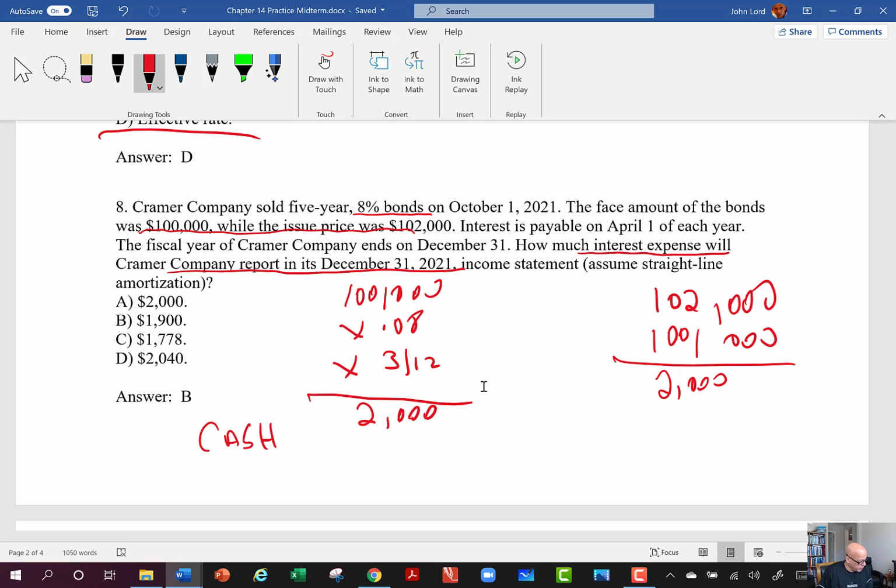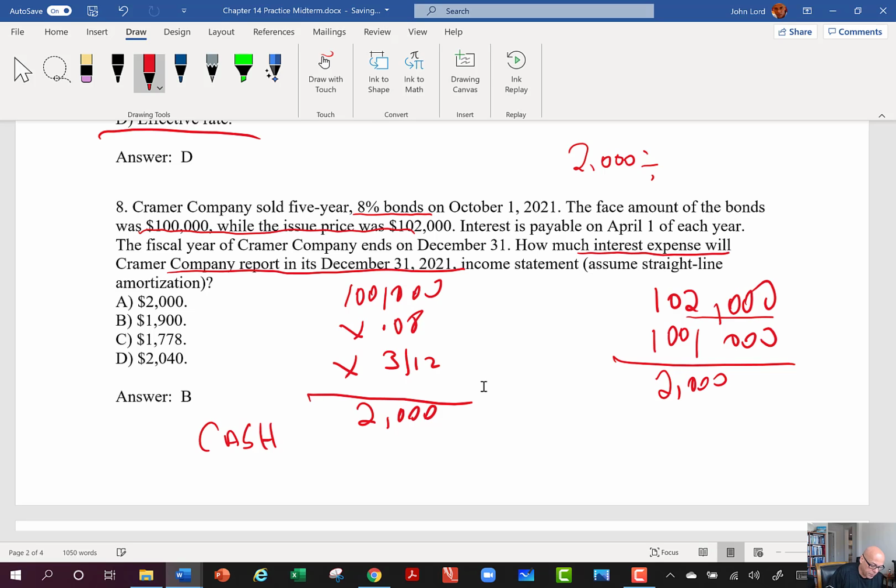So what do I do? Well, if it's $2,000 and I have the cash interest, and I have a premium, that's a little confusing because the premium is also the same amount as the interest, which is a coincidence, the same amount as the cash interest that's being paid. $2,000, and I have to divide that by what?